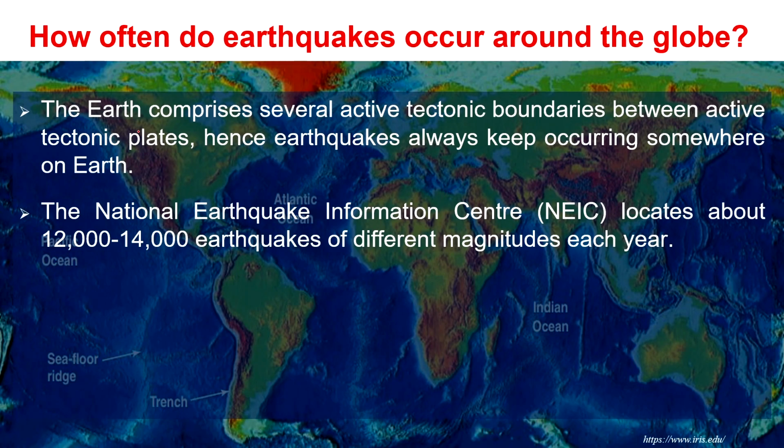That also we will talk about later, when we are talking about the interior of Earth, and we will discuss the different energy levels released during respective earthquakes. So, almost 14,000 earthquakes of different magnitudes have been recorded each year.